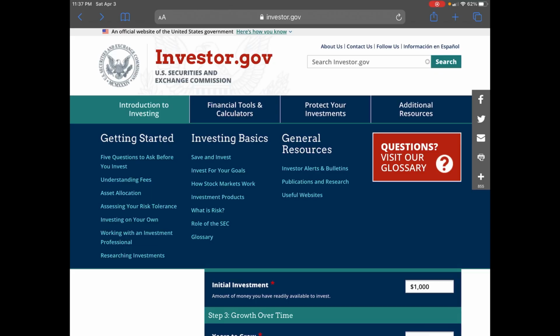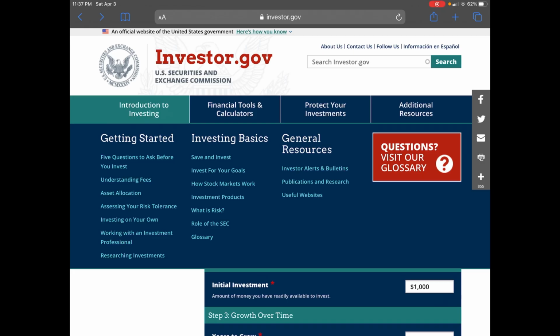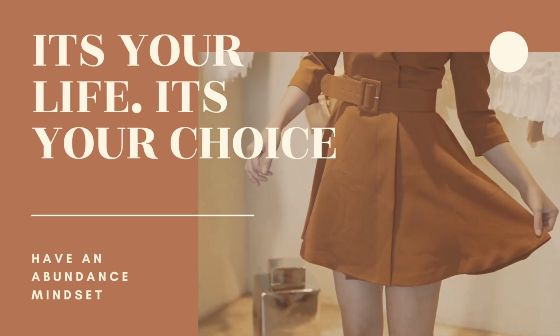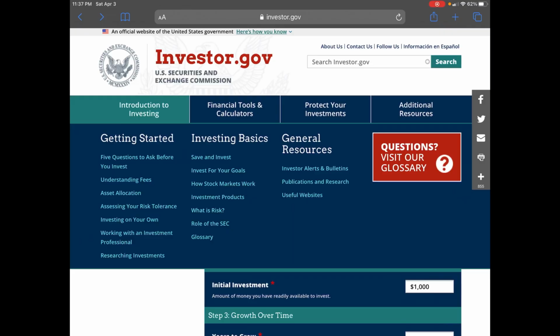If you start early, your money will grow and work harder for you. If you start later, it will grow, but you have to put in more money in order to reach the same amount of money when you started at an earlier age. But anyhow, it is better to do it than to never do it.